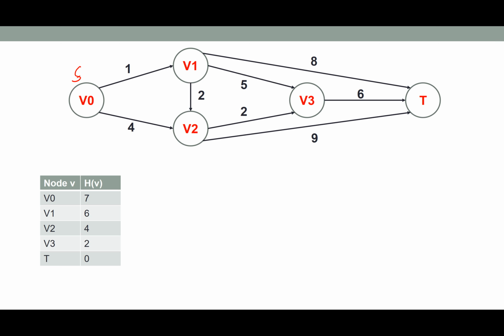The heuristic, you can say, is always the direct line distance between a node and T. For example, the direct line distance from V2 to T is given here as 9, but you may not know that in a given data set. So basically these heuristics are the direct distances between a certain vertex and T.